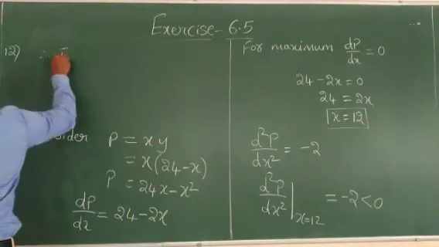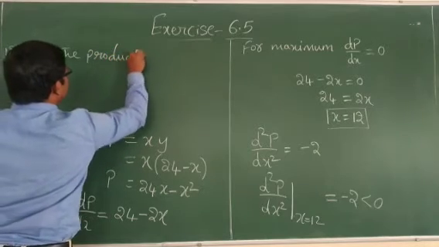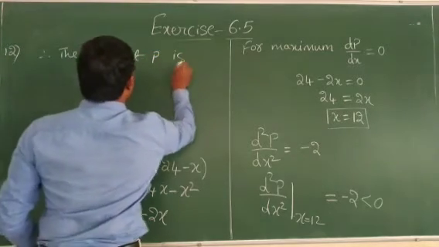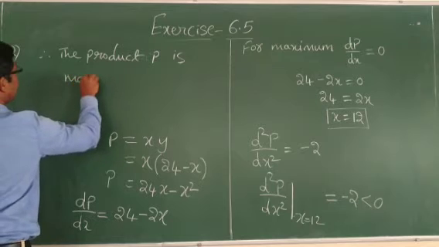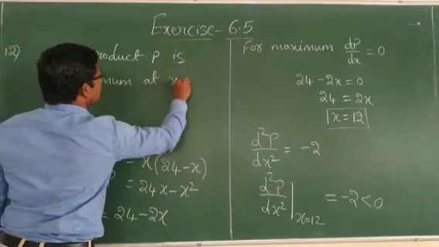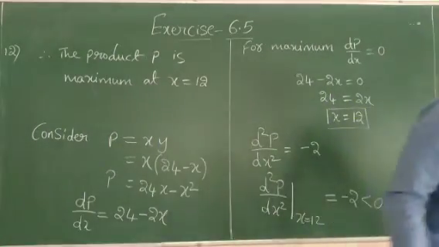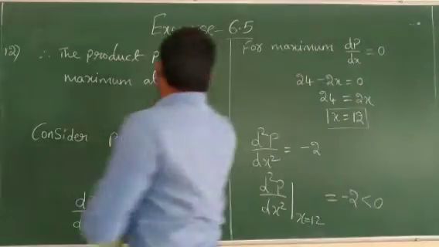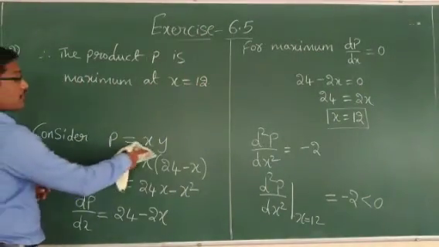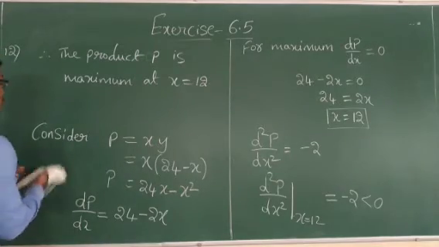Therefore, the product P is maximum at x equal to 12. So that means we got one number. We have to find two numbers x and y. Out of that we got one value, that is x equal to 12.